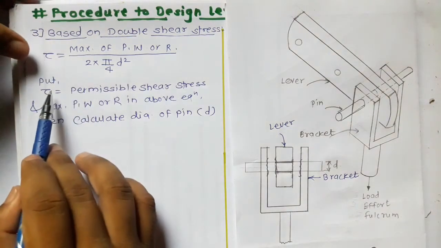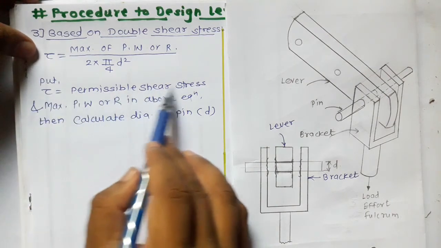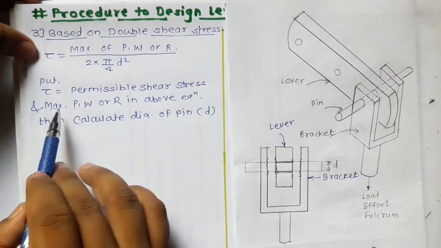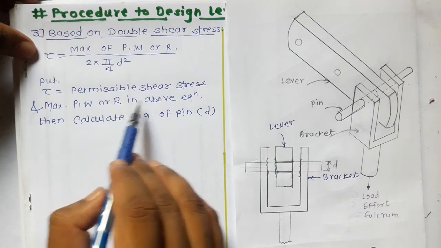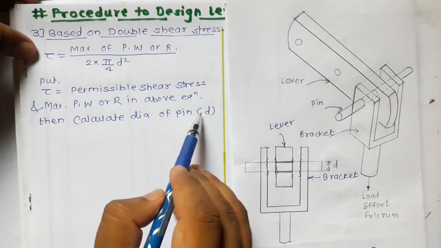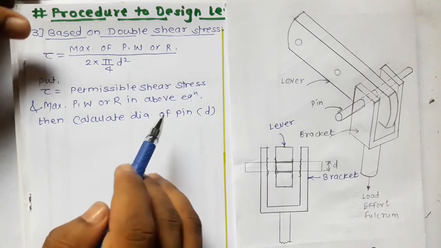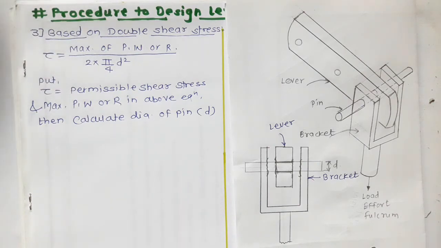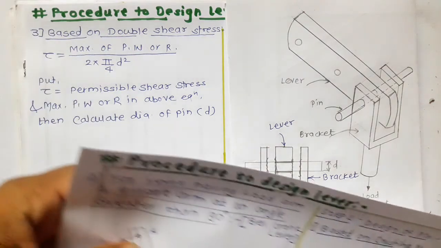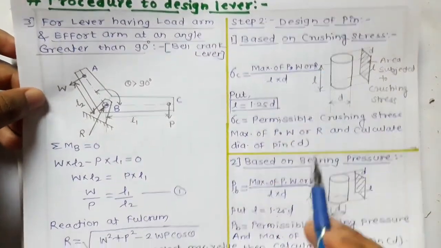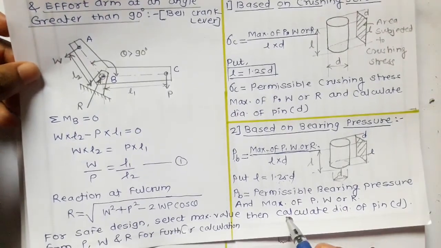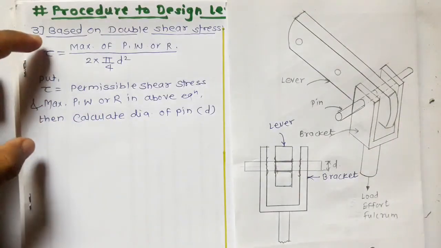In the above equation we put tau, the permissible shear stress, which will be given in the problem, and the maximum of P, W and R, which is calculated from step number 1, and then we can calculate the diameter of pin small d. So basically we have seen that there are three points from where we can calculate the diameter of pin. First, based on crushing stress, second based on bearing pressure, and third based on this double shear stress.